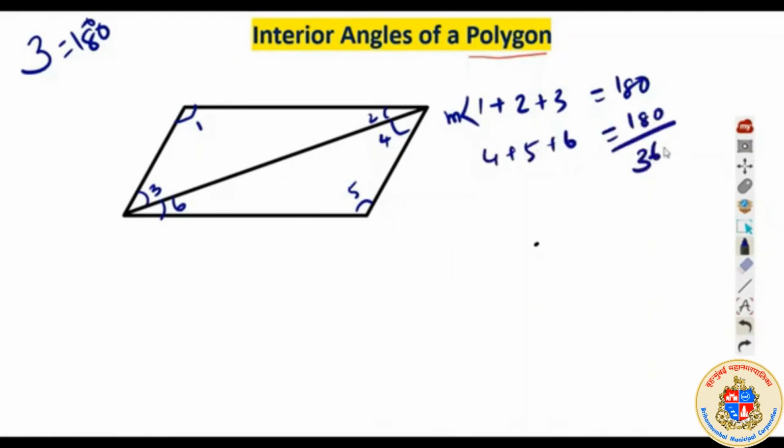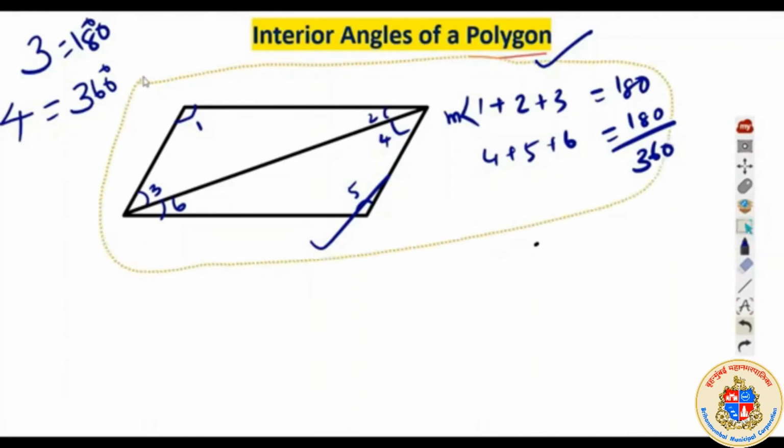Total will be 360. What is the polygon here? The polygon is a quadrilateral, a 4-sided quadrilateral, and we got 360 degrees. So there is some learning in that. We learned something: 3-sided, 180; 4-sided, 360.